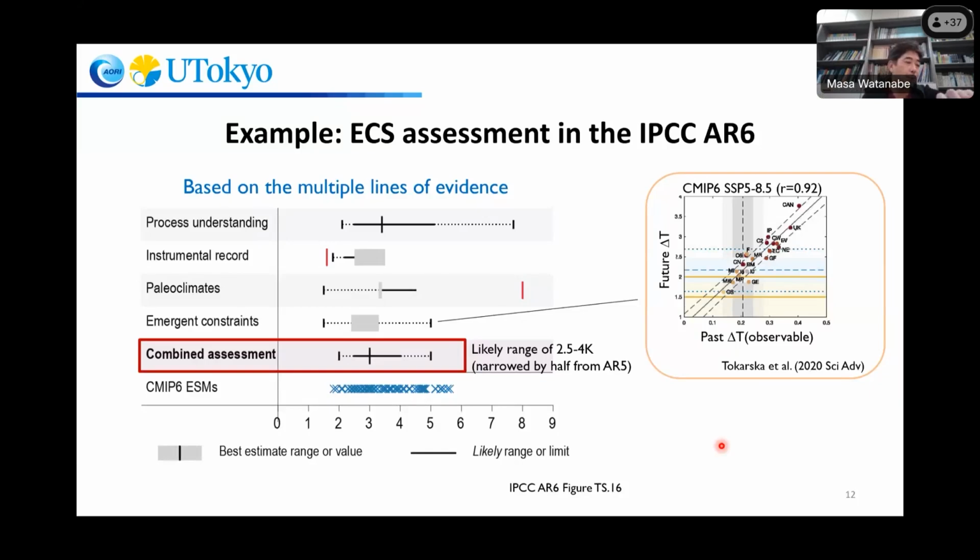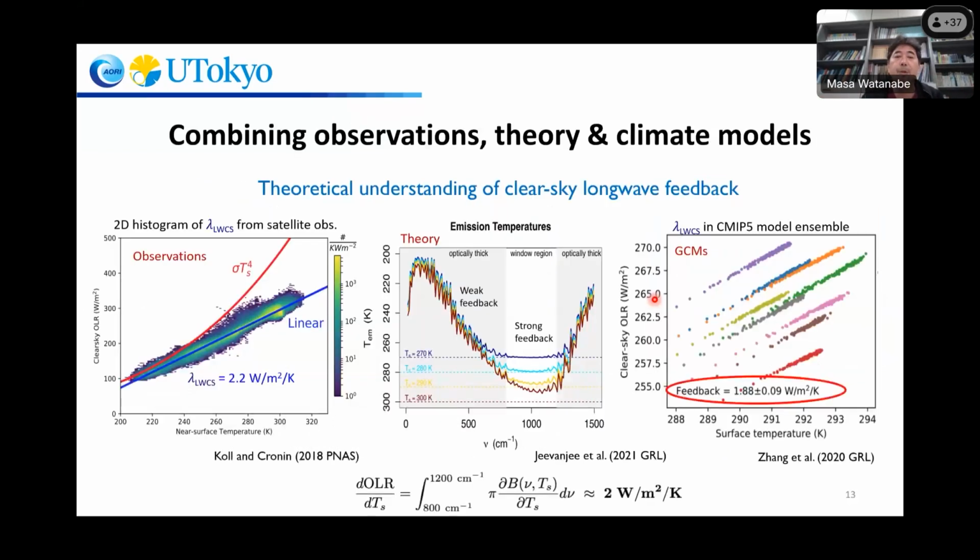I don't have much time to explain details, but the final assessment of the ECS in the red box is not really dependent on the CMIP 6 simulations; it is obtained by combining different lines of evidence, including the emergent constraint. So we can use potentially biased climate model simulations to give rise to a useful emergent constraint to understand climate change better.